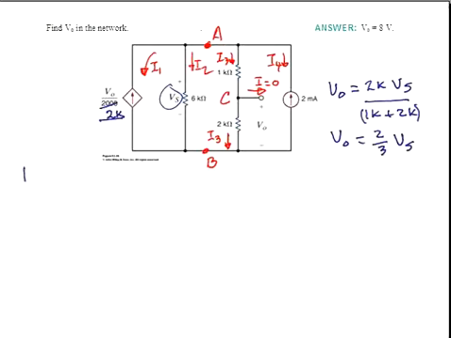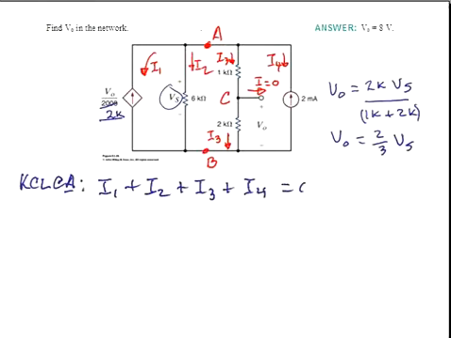Now we can begin with a Kirchhoff's current law summation of currents at node A. We'll have I1 plus I2 plus I3 plus I4 equals 0.